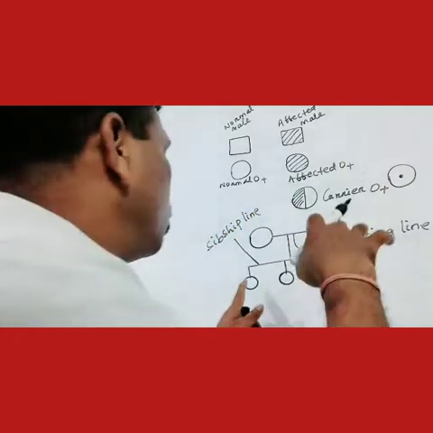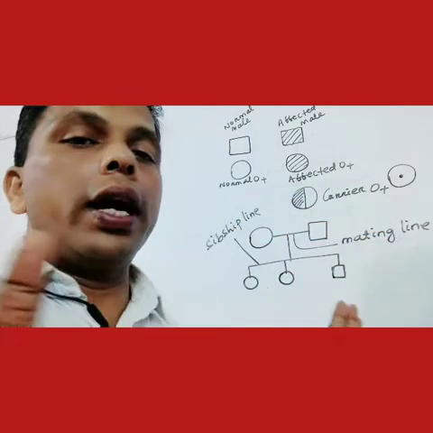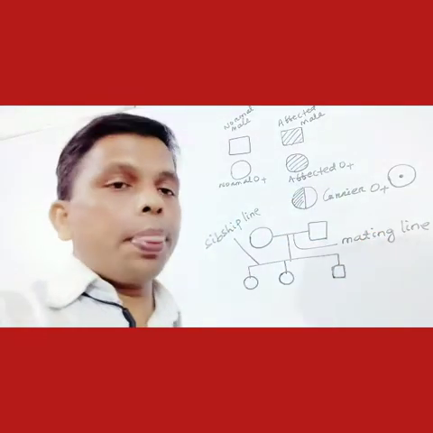After mating, 2 daughters and 1 son were produced. Okay.